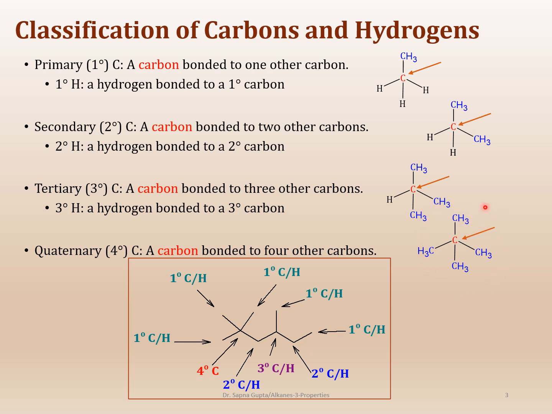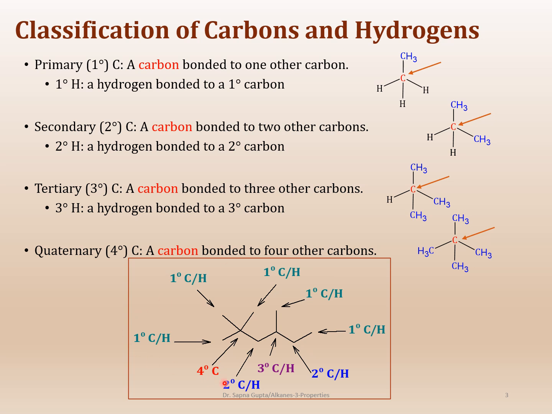So there's nothing like a quaternary hydrogen. If anybody says that to you, they're messing with you. So you have 4 types of carbons and 3 types of hydrogens: primary, secondary, tertiary, and quaternary carbons, and primary, secondary, and tertiary hydrogens.